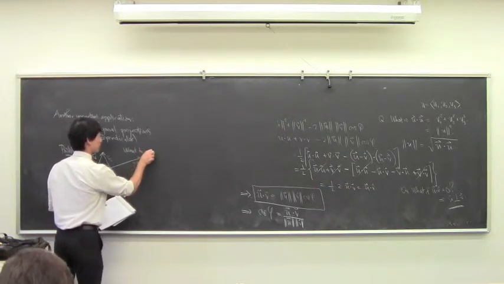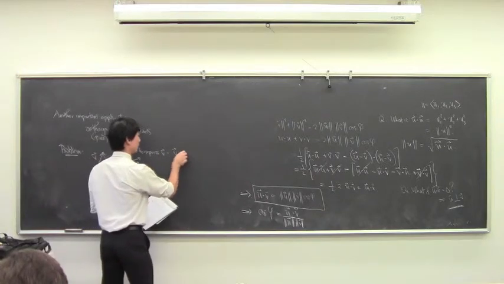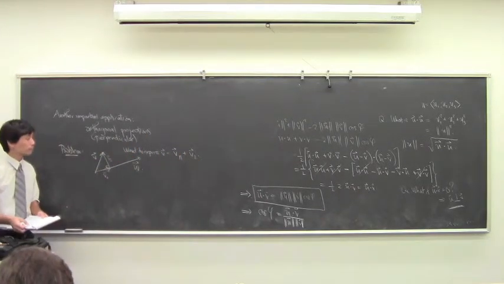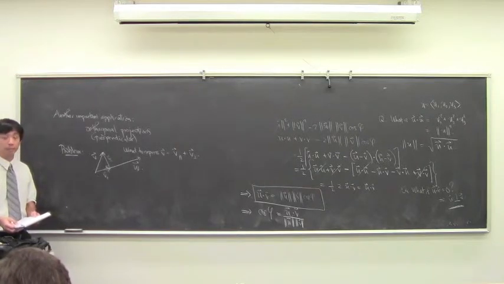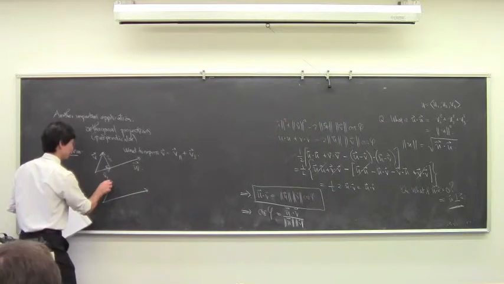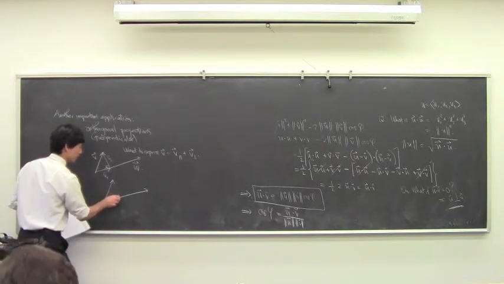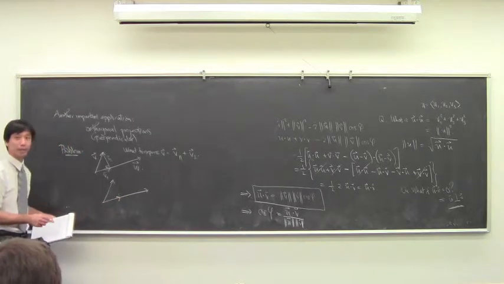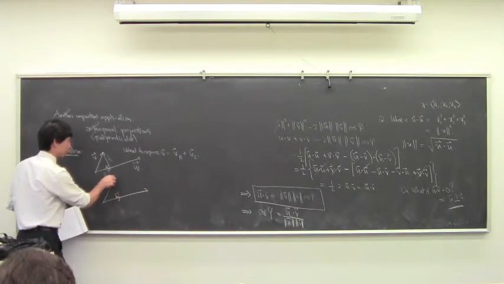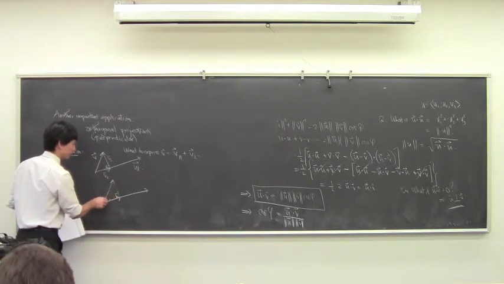You want to express V as something parallel to W and something perpendicular to W. Or the same problem, you just want to know what this guy is. If we know one guy, we know the other guy. So we'd like to know if you drop a perpendicular from V onto W, what is this vector here?